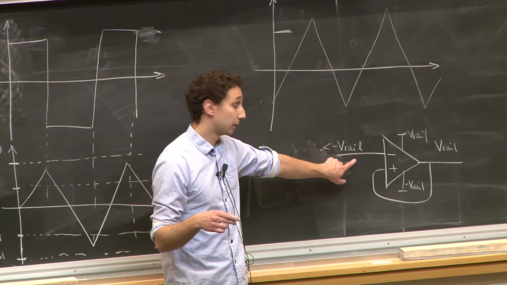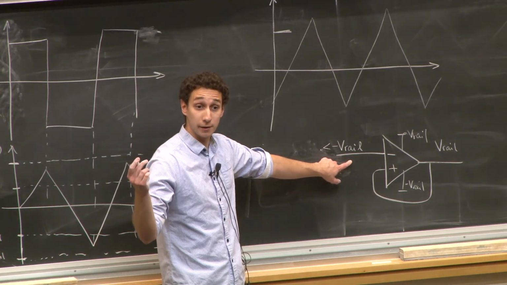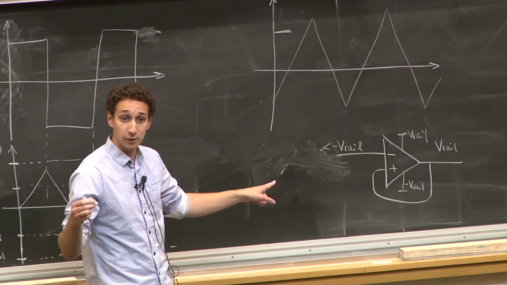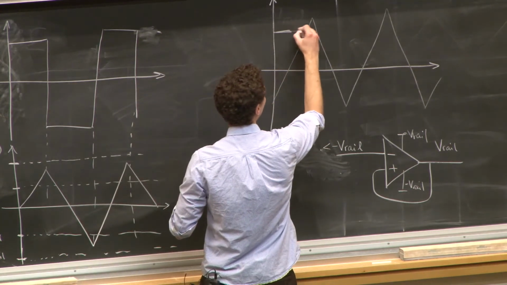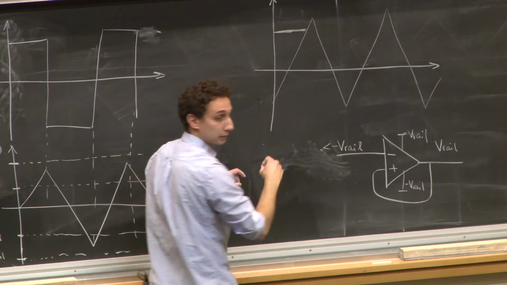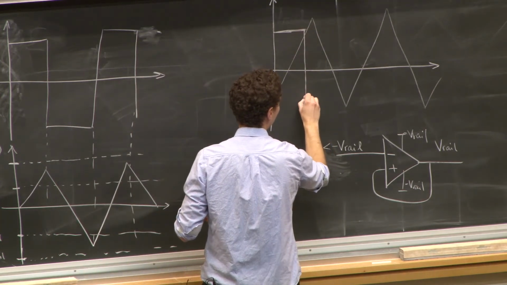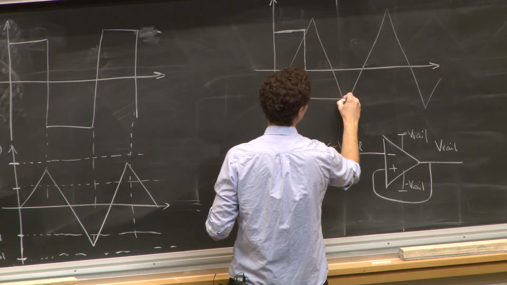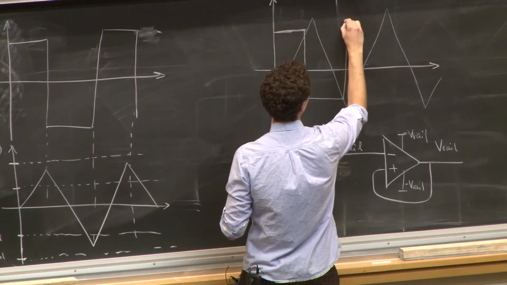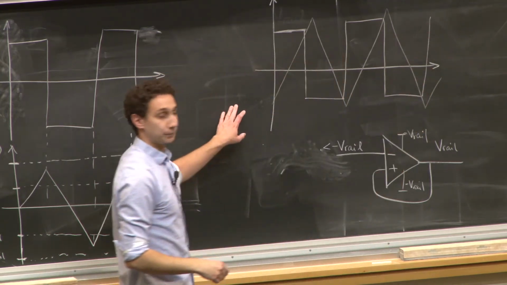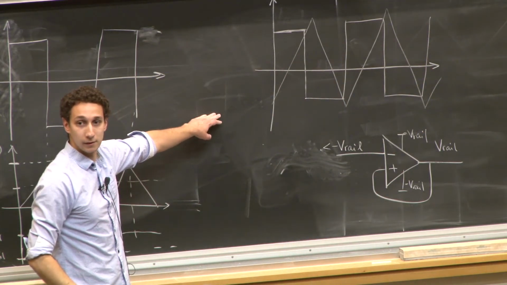When V negative, the voltage at the negative terminal, becomes greater than the voltage at the positive terminal. That is when we will switch, okay? And that's exactly when we get here, right? So we switch, we go down, and then we keep going until the opposite happens, right? We get here, we go up, and we continue that forever, okay?